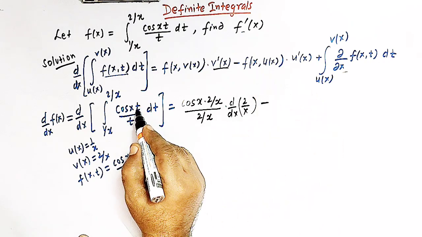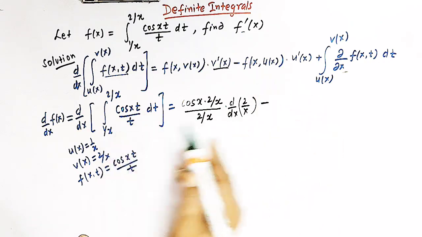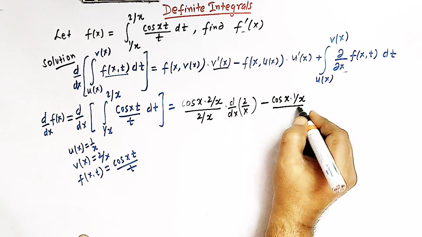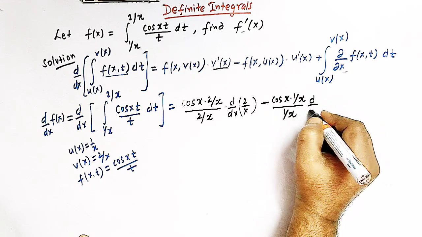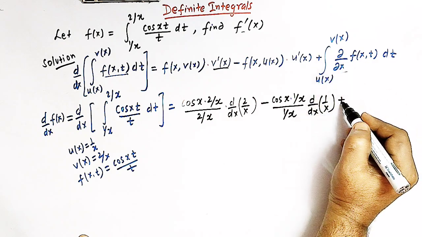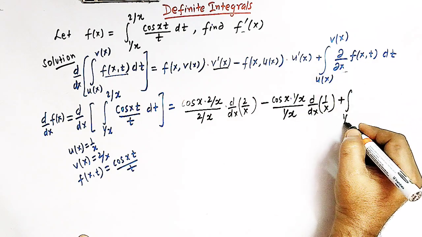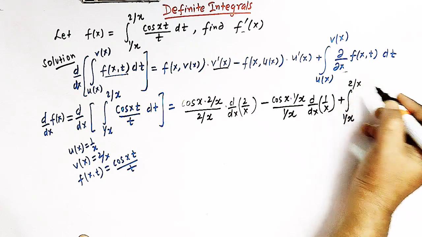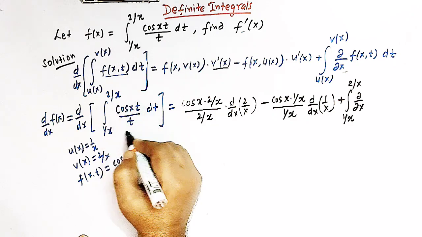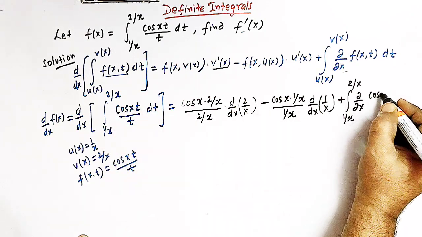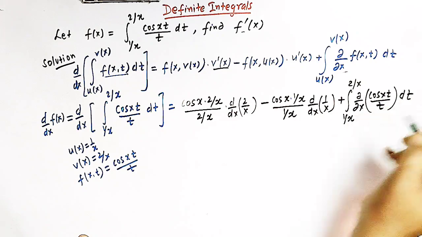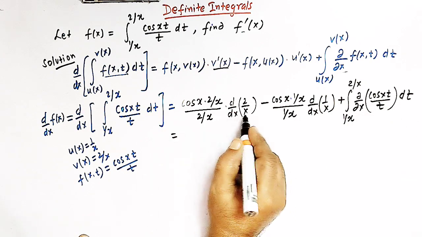So now I will replace these t's by 1 over x. So we have cos of x times 1 over x divided by 1 over x, and here we have d by dx of 1 over x, and then we write the positive sign and the integral from 1 over x to 2 over x of the partial derivative of this function, that is cos of xt over t, and here we have dt. So let us now simplify.